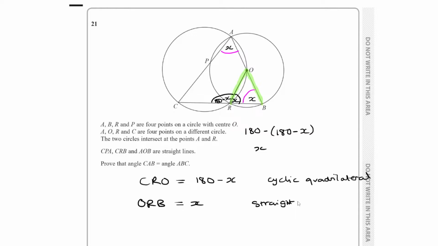Again, write out the whole thing. And then finally, you can say that the one that we actually wanted, which was ABC, is x because it's an isosceles triangle because of the radius. So it's basically those 3 things, but that gives you the 4 marks, yeah.